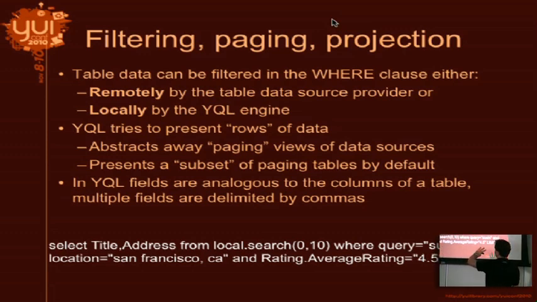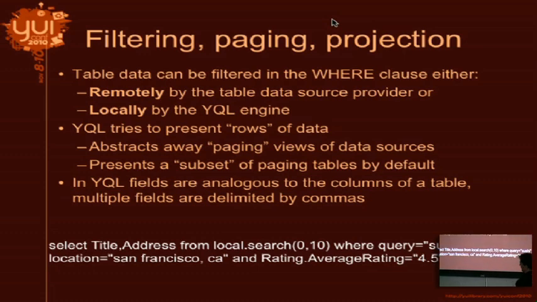You've got your remote filtering in a where query, which is applied to that specific table, which abstracts an actual service endpoint. That query will get sushi for the location San Francisco. And then locally, we're going to apply a filter on rating. So we're going to compact that data so that only what meets certain criteria remains.